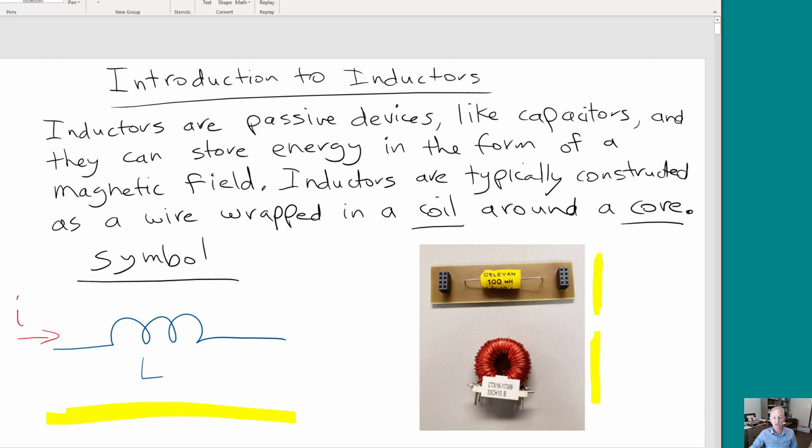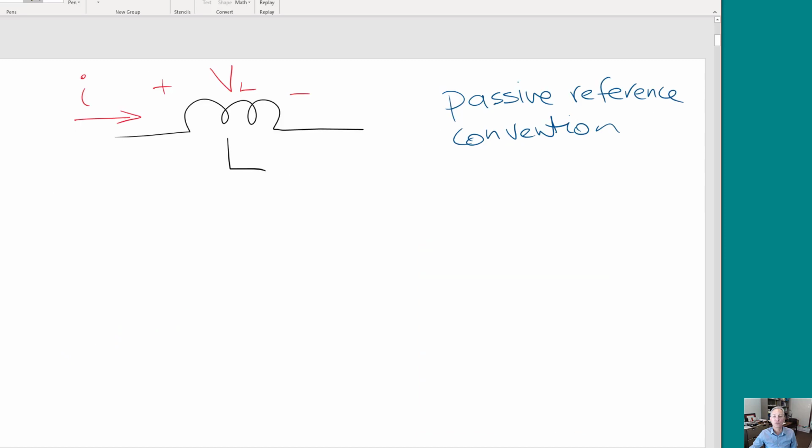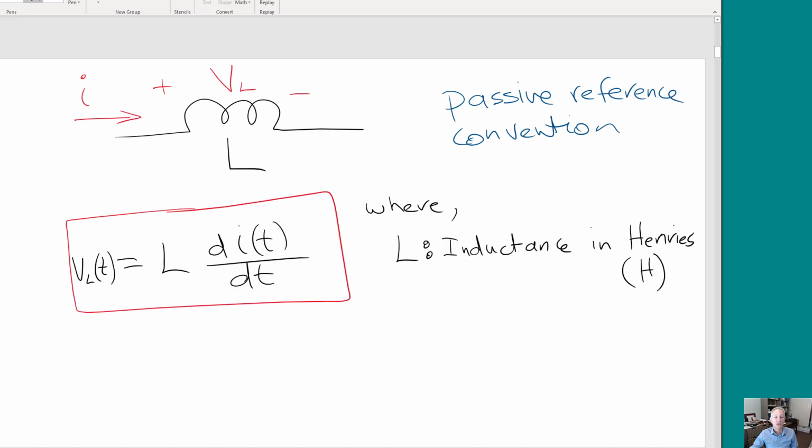So let's get into it a little bit. The current voltage relationship using the passive reference convention is like this, and we have a basic equation that describes or relates the current to the voltage for an inductor, and that is the voltage is equal to the inductance times the change in current with respect to time.